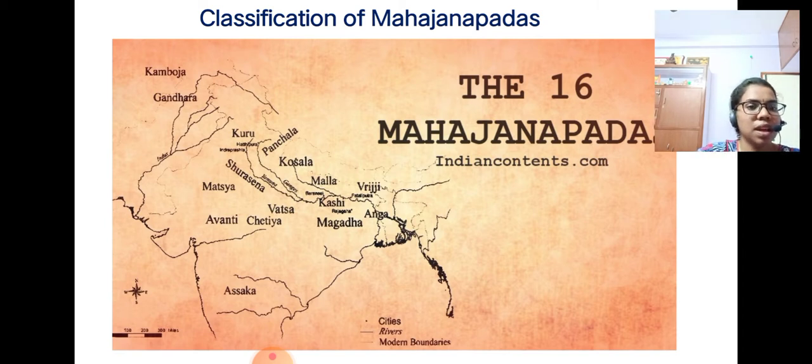So there are totally 16 Mahajanapadas: Kamboja, Gandhara, Kuru, Surasena, Matsya, Avanti, Asmaka, Magadha, Kasi, Kosala, Malla, Vrijji, Anga.